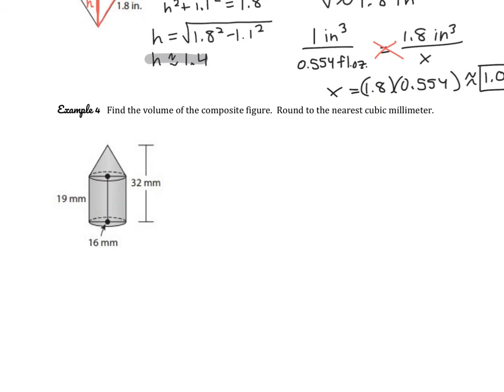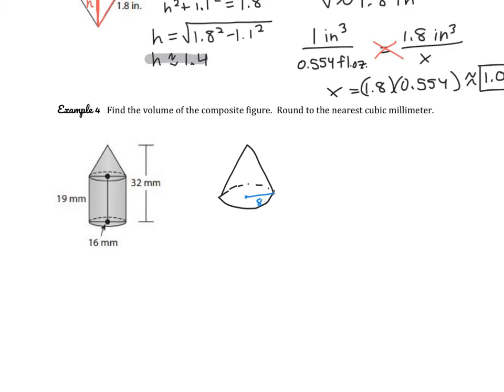So we can find the two separate volumes and then add them up. So let's start with our cone. We can see from the image that our diameter here and here is 16 millimeters. So that means that our radius is going to be 8.